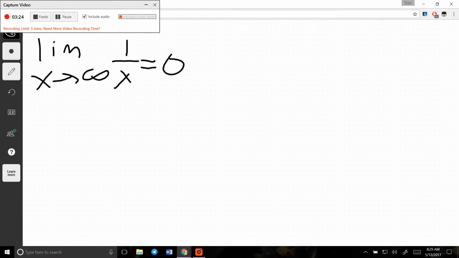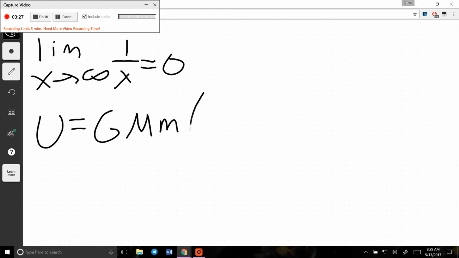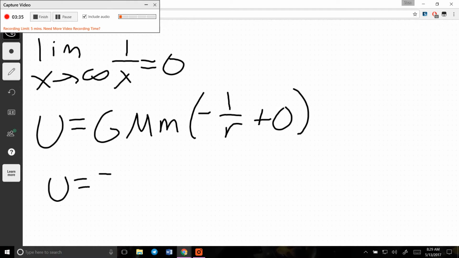Therefore, and now we have our equation for gravitational potential energy. The gravitational potential energy equals negative G times the mass of object 1 times the mass of object 2 all over r.